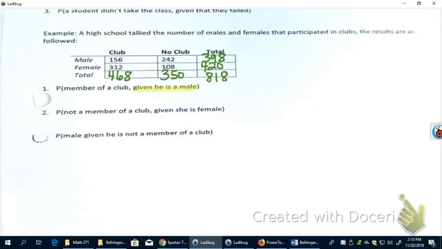Are we looking across or are we looking up and down? We're looking across because we're looking at male, so we're only looking at that one row. Okay, so what's the total going to be that goes on the bottom of it? Okay, so then go back. The member of a club, what's the probability that he's a member of a club when I'm only looking at that one row?